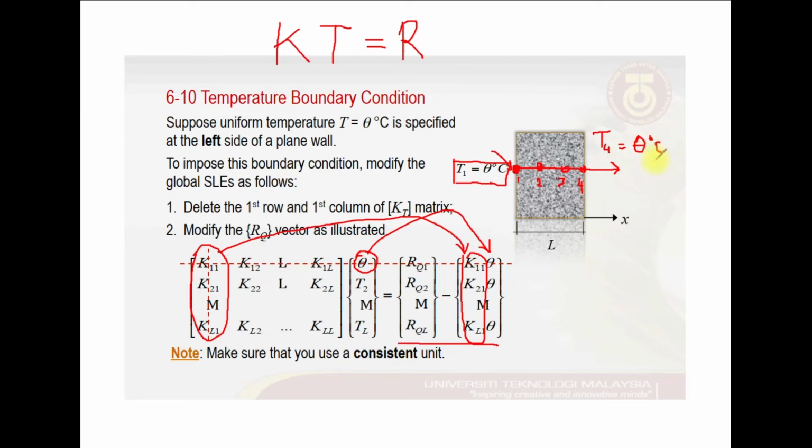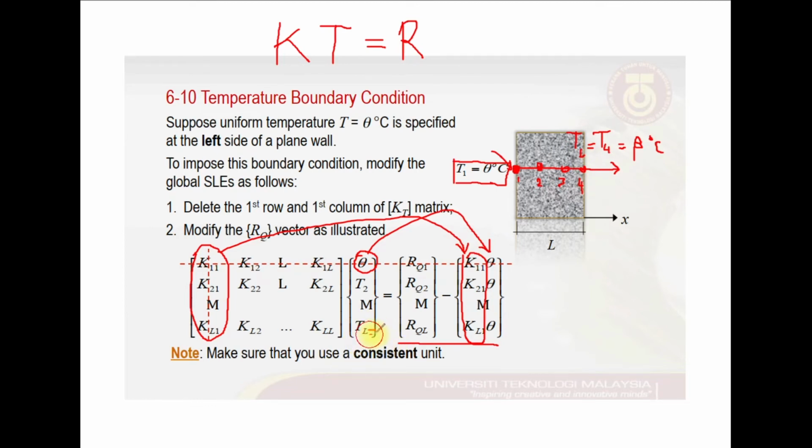So in this case, let's say instead of theta, I call it here beta. So that means T4, which is also equal to the T on the last one, we call it TL.